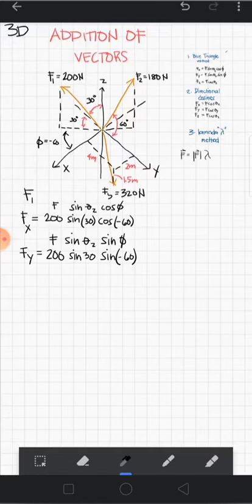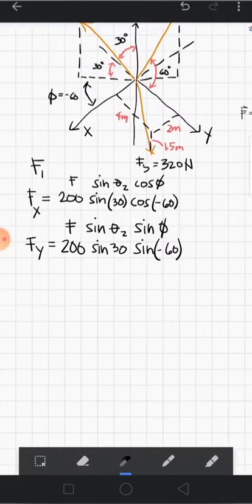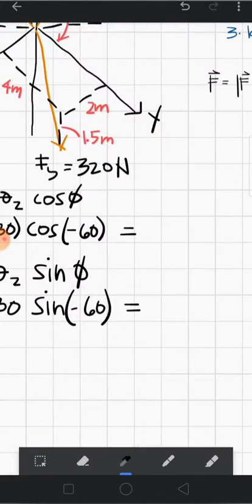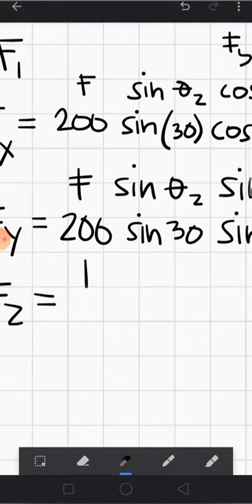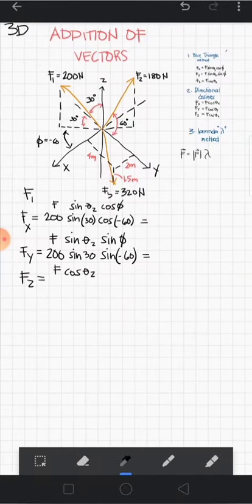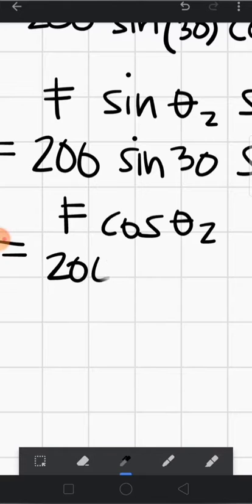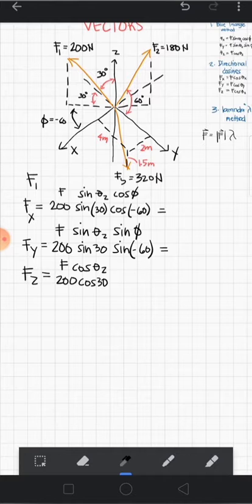So that's it. Pretty straightforward. We just have to substitute to the formula. And then for Fz, we have F cos theta z only. So we will have 200 times cosine of 30 degrees. This is how we got the components of the forces in 3D.